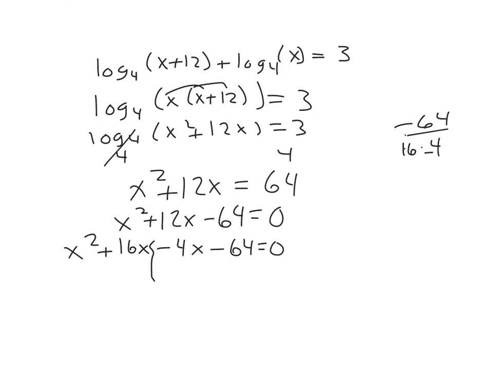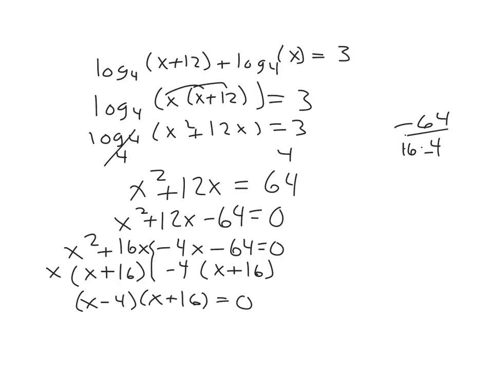Split it down the middle, and you've got x and x plus 16. Then you'll have an x plus 16 over here, and you're going to bring out the negative 4. As we keep going, you would end up with x minus 4 and x plus 16 is equal to 0. And then x will equal 4, and x will equal negative 16.